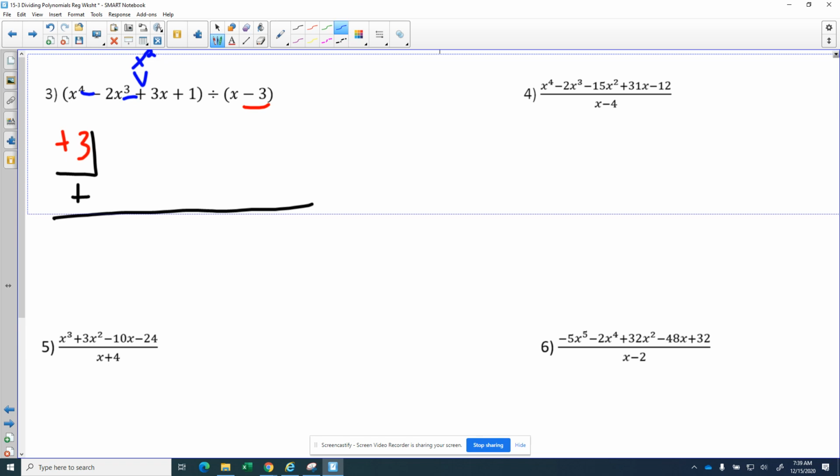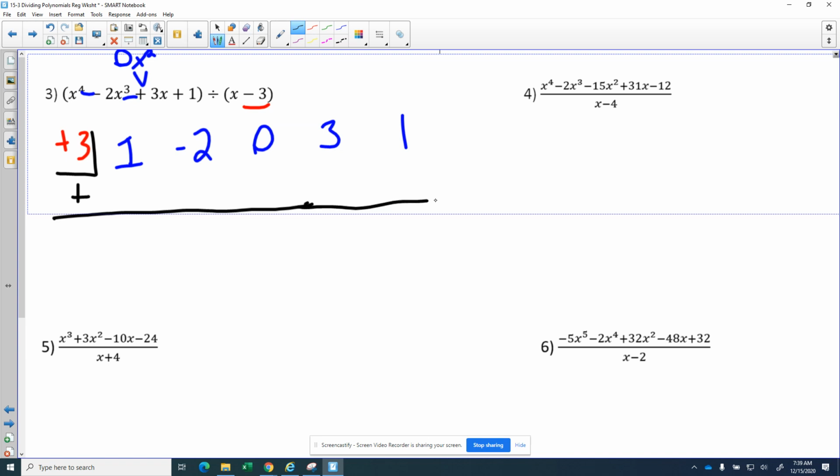So what we do is we always account for it by plugging in a 0 for that value. So if I go down the list here, I have a 1x to the 4th. So I'm going to write a 1 to start. I have a negative 2x cubed. So I have a negative 2. Because I don't have an x squared, I'm going to fill in a 0 to replace it. Then it is 3x plus 1.